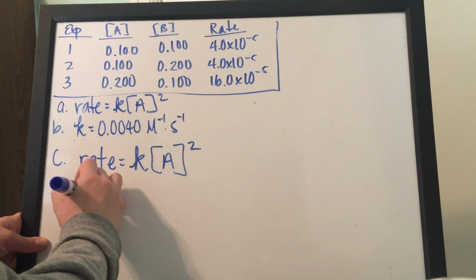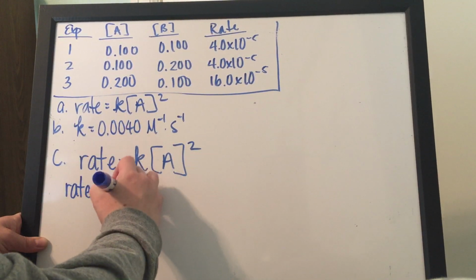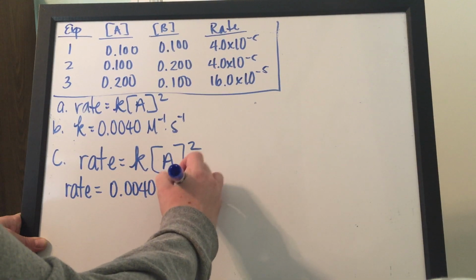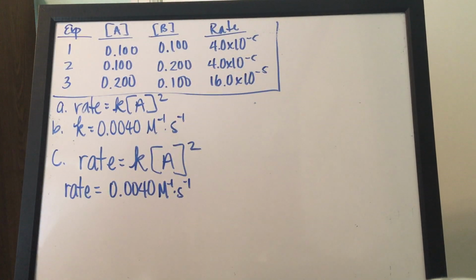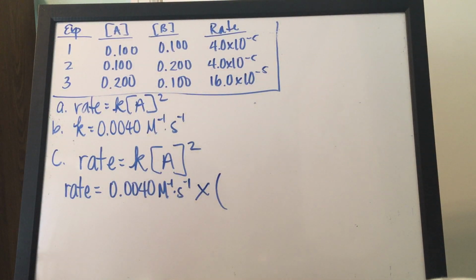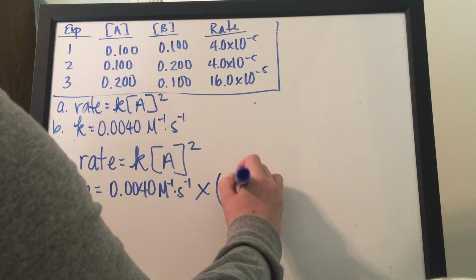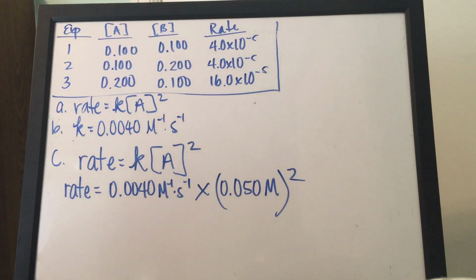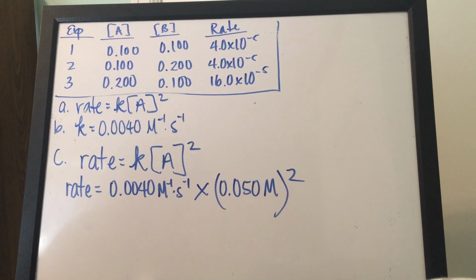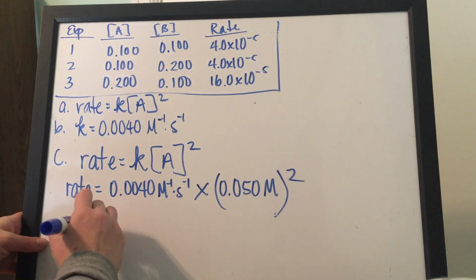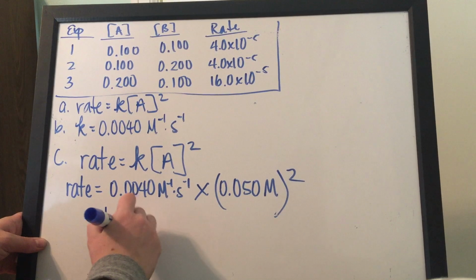So all I do is plug everything in. So K is 0.004 molarity negative 1 seconds negative 1 times the concentration of A that they gave me in the problem, which was 0.050 molar squared. All I have to do, crunch this in the calculator correctly, and I will end up with the rate.